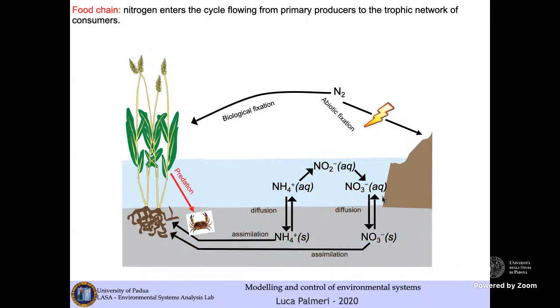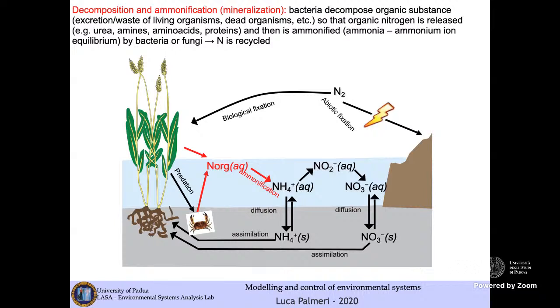Nitrogen then enters the cycle flowing from primary producer to the trophic network of consumers. So here we are going up through the trophic chain. Then we have decomposition and ammonification, the process that the environmental engineers call mineralization. So this is the transformation of organic substances coming from excretion, waste of living organisms or dead organisms, and so on.